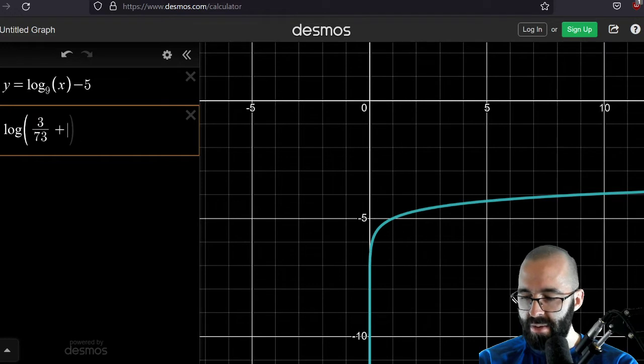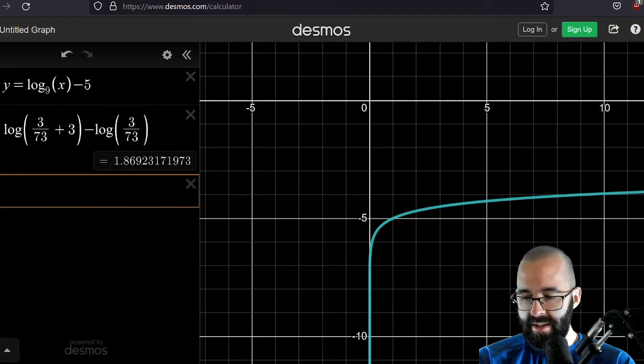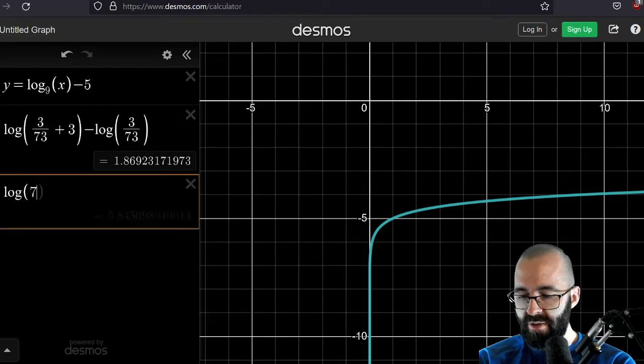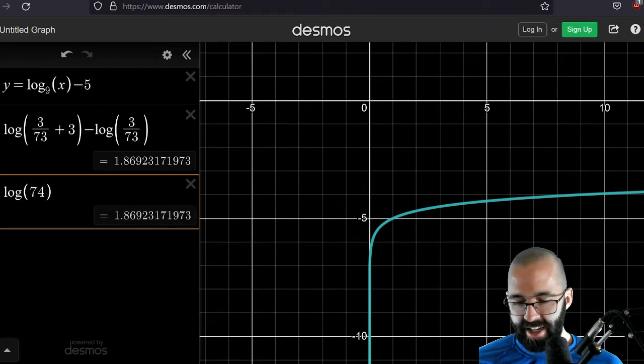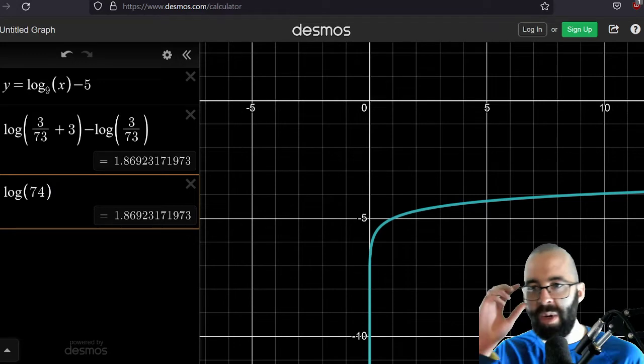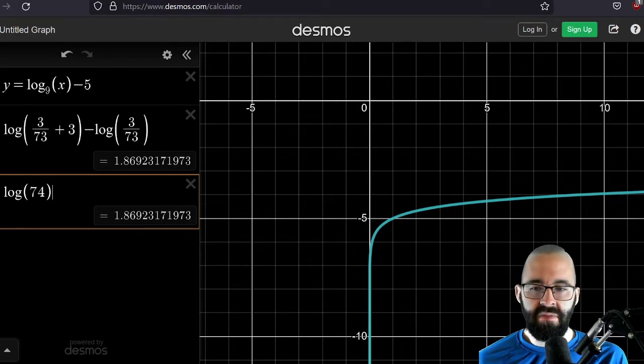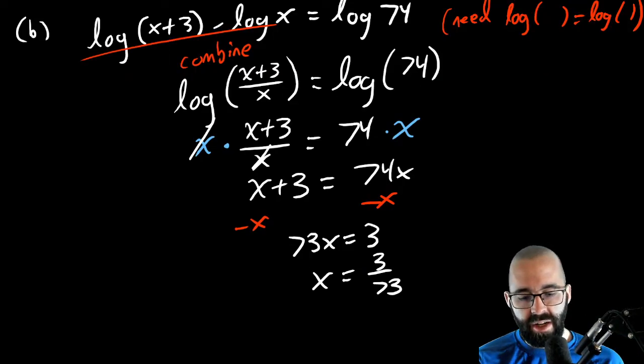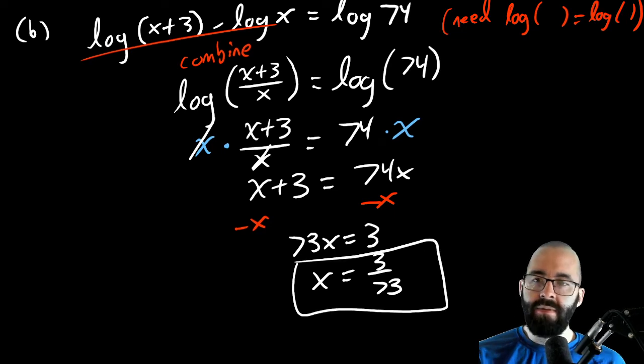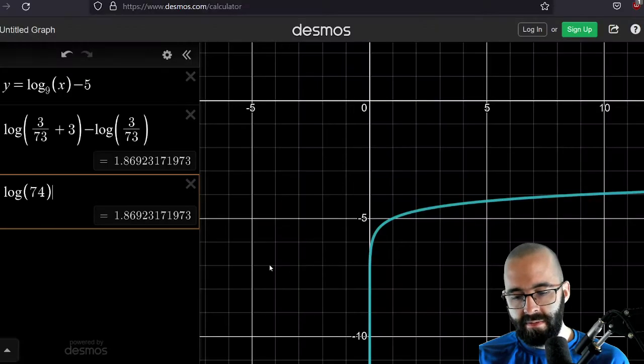It's common log of that plus 3 minus the common log of 3 over 73. Is this equal to the common log of 74? Oh, it is. So I thought it looked weird. Checked my answer. Checks out. The two sides of these equations equal each other. And it's in the domain. Good.